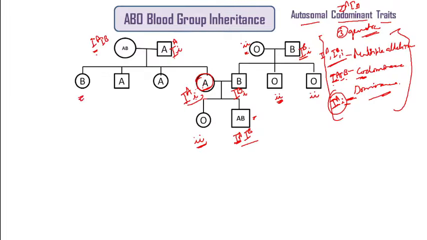This individual would have had IB from the mother and small i from the father. This individual must have had one IA allele from the father and one IA allele from the mother, or one IA allele from the mother and small i allele from the father. Similarly, this individual also has IA IA or IA small i. So this way you are going to calculate the genotype.